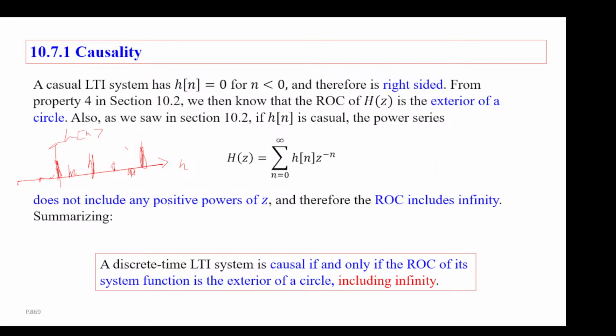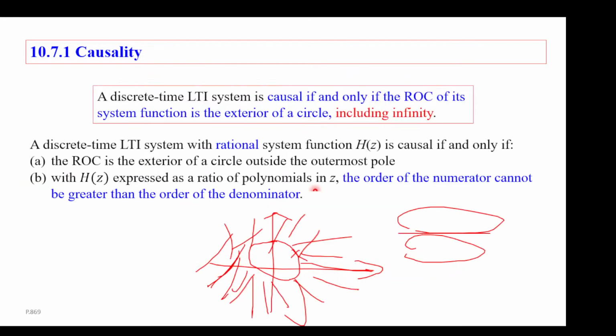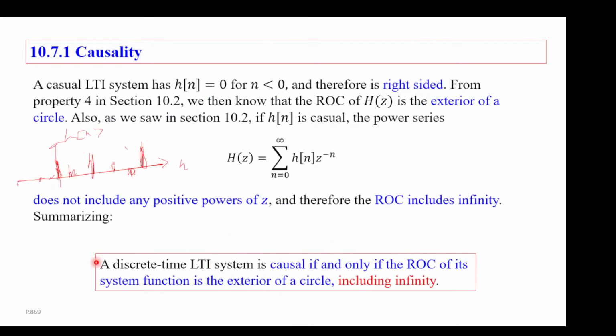I'll start with the if. If this is causal, then the ROC will also include infinity. So if it's causal, then the ROC will be outside of a circle, extend to infinity, and actually include infinity.